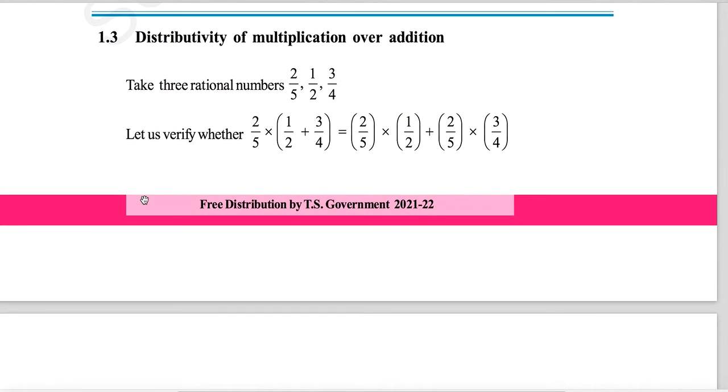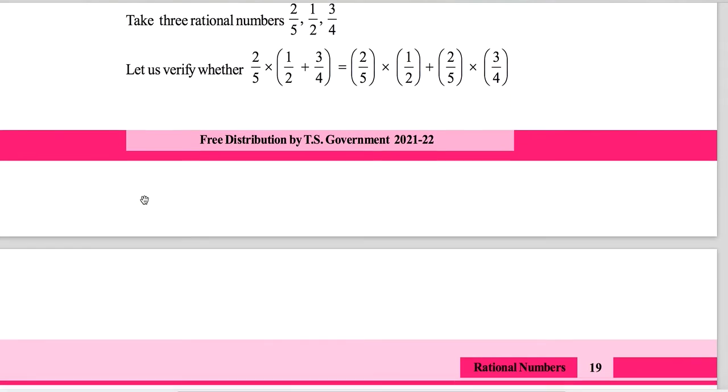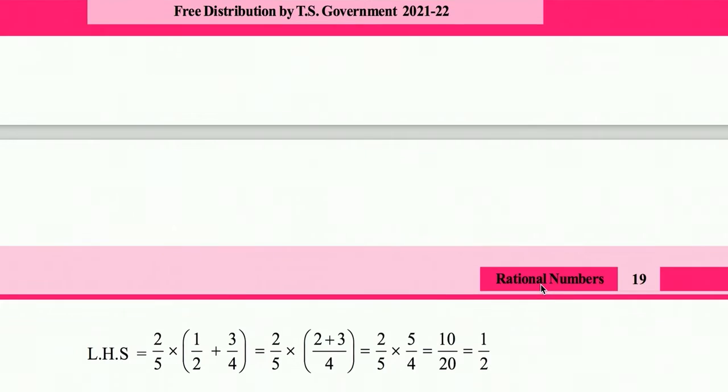Distributivity of multiplication over addition. Take three rational numbers like this: a × (b + c) equals a × b plus a × c.